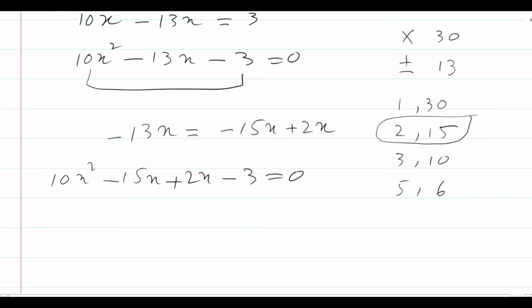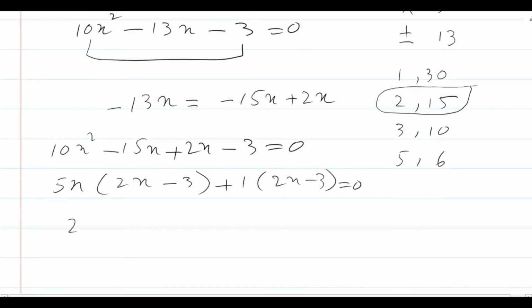You can take 5x as common and you are left with 2x minus 3, plus 1 as common, and 2x minus 3 equal to 0. Now you can take 2x minus 3 as common and you are left with 5x plus 1 equal to 0.